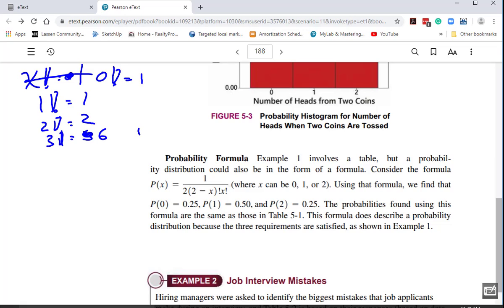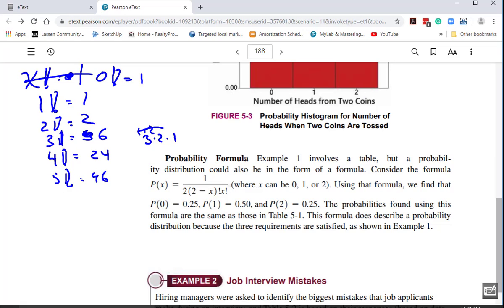Right? That's 1 times 2, or the other way, 3 times 2 times 1. And 4 factorial? That would be 24. And 5 factorial, you see how it will start going up. So that would be about 120.